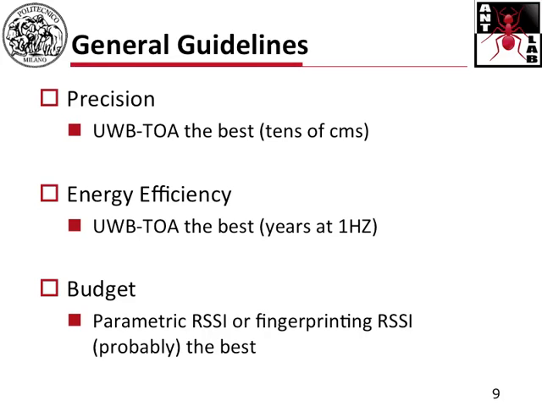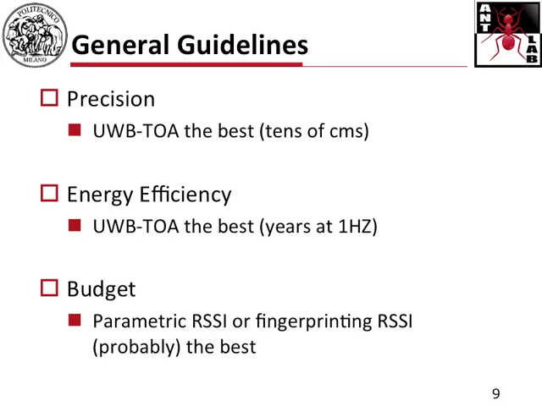Okay, so the general pipeline is you have some anchor nodes which are placed in the environment and which you know the position of, so you know where they are basically. Then you have some tags which are mounted on the entities you have to localize.